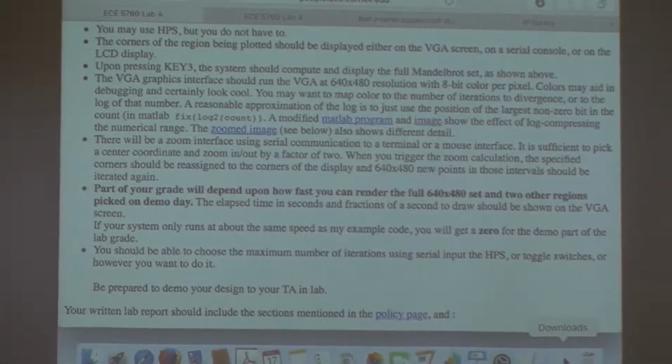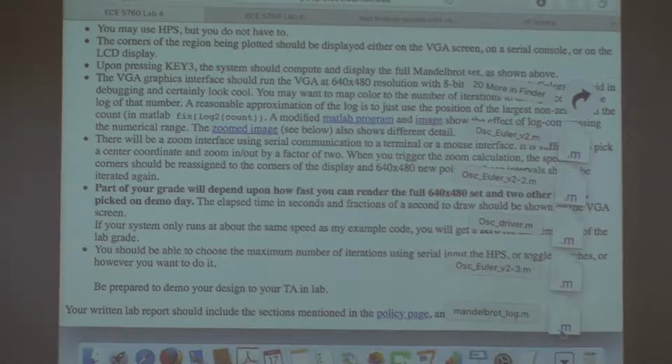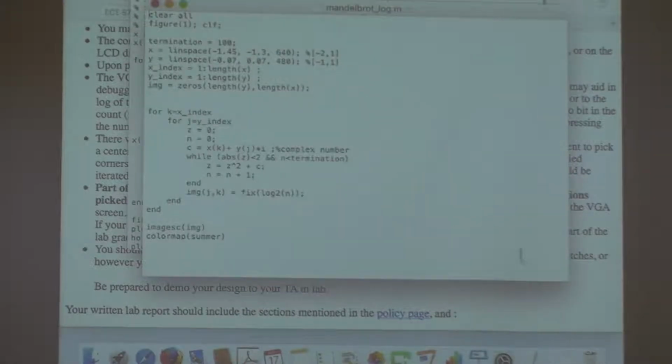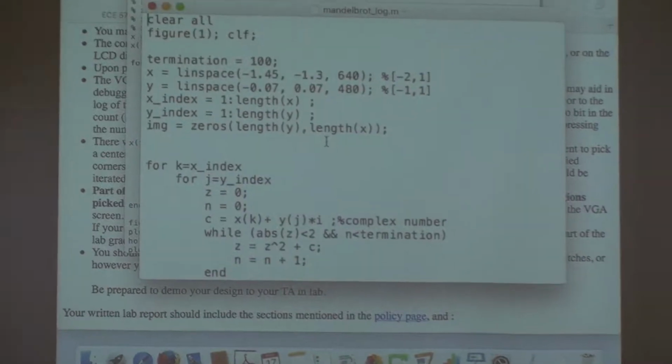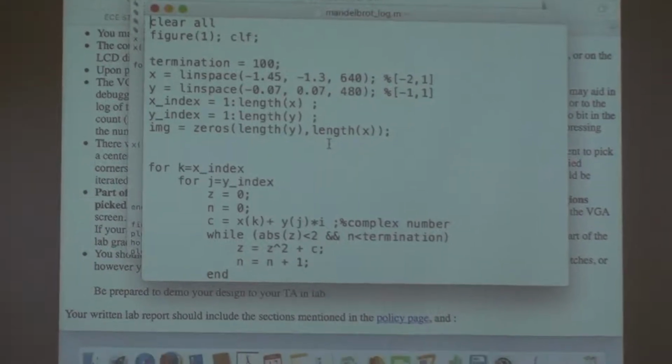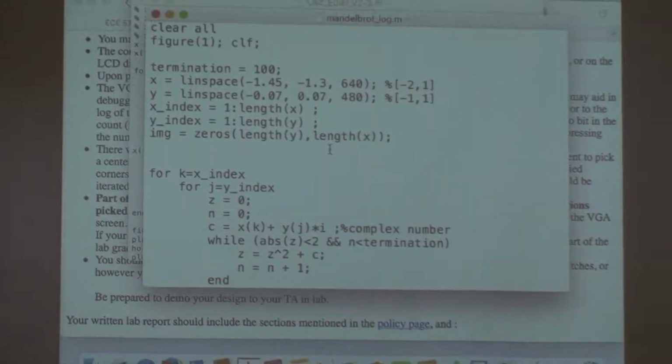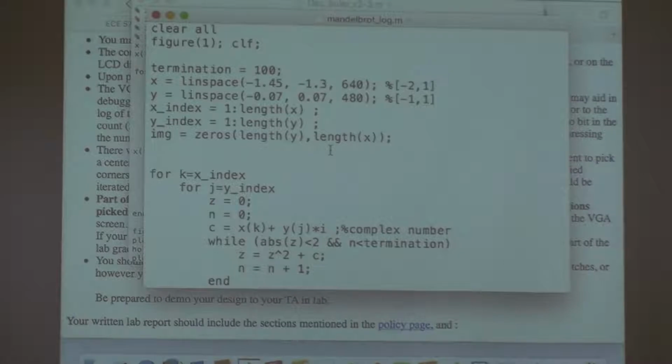So this is the whole code to plot this thing. Actually, this is not plotting the whole set.